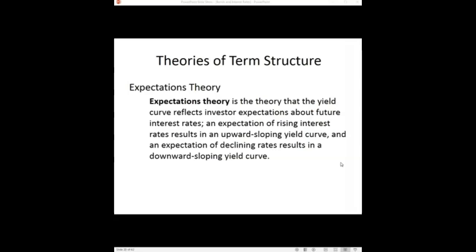So an expectation of rising interest rates results in an upward yield curve. When would we expect to see rising interest rates? If the economy is performing well. And expectations of declining interest rates result in a downward sloping yield curve. When do we expect to see declining interest rates? As we're going into a recession.